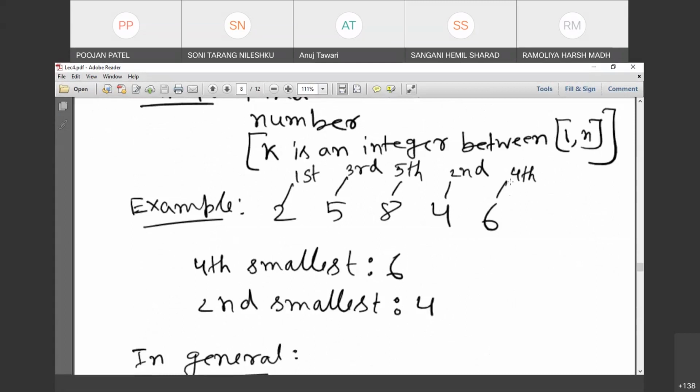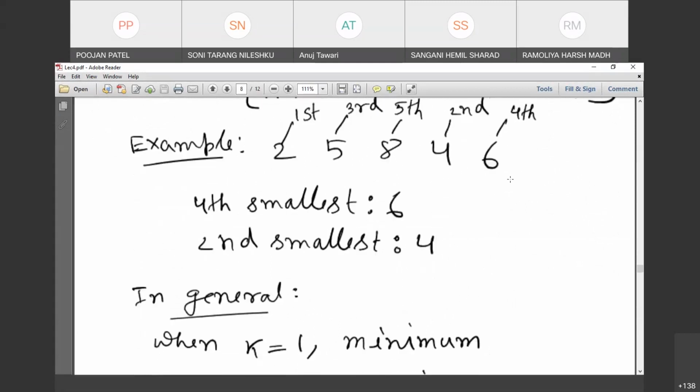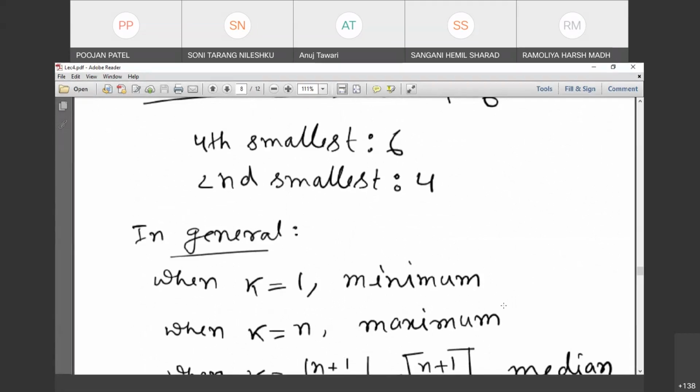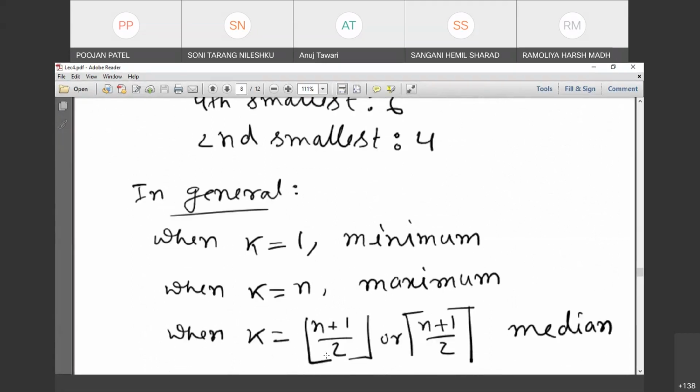There are some specific examples which are most interesting to us. One is the minimum, maximum, and the central element, which is called the median. Let's just look at these simple cases and then we will move on to others.